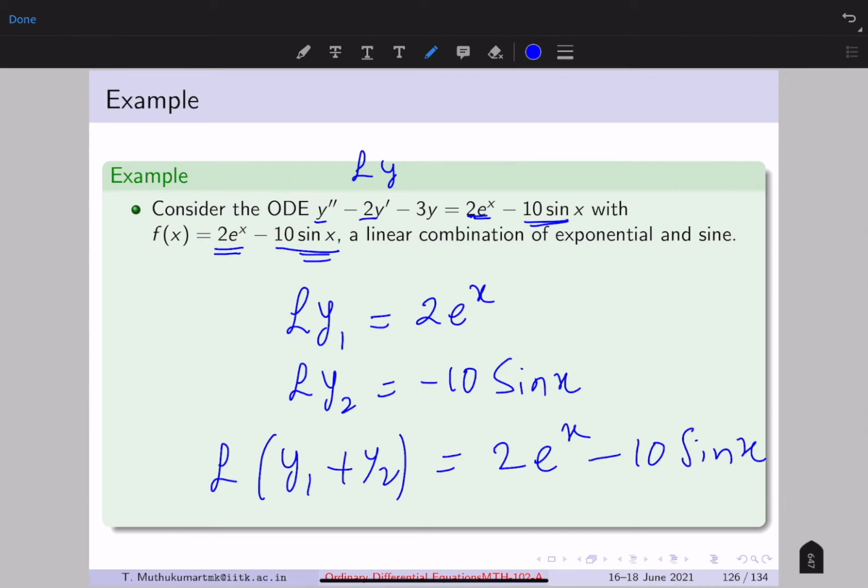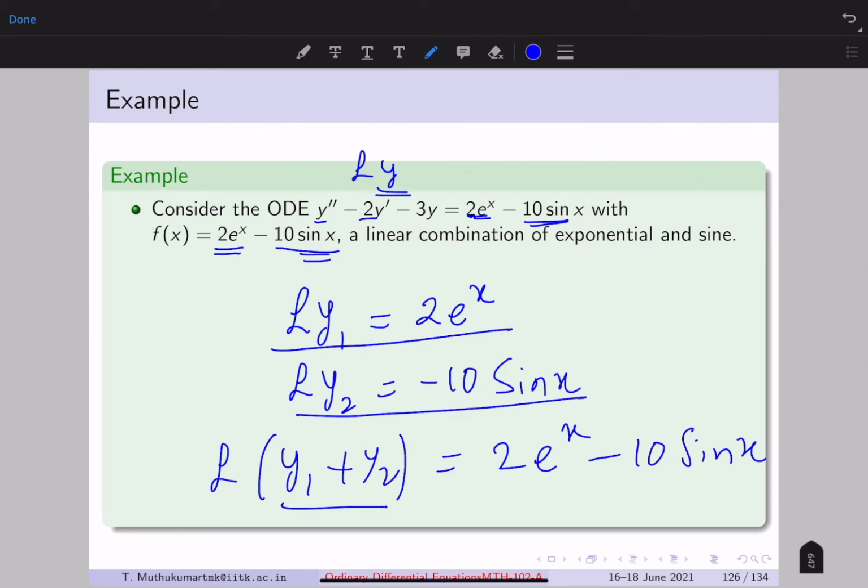Which means if you want to find the solution y here, you can independently solve this and solve this, and the solution is just the sum of these. You can write it like that.